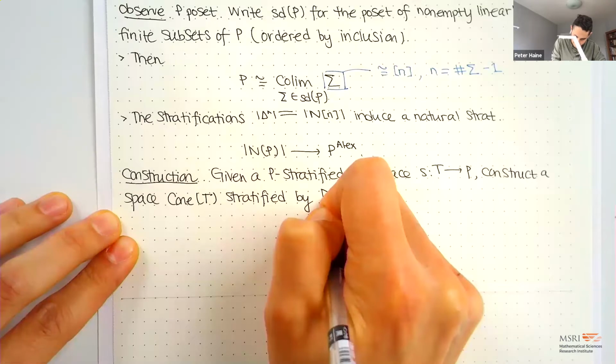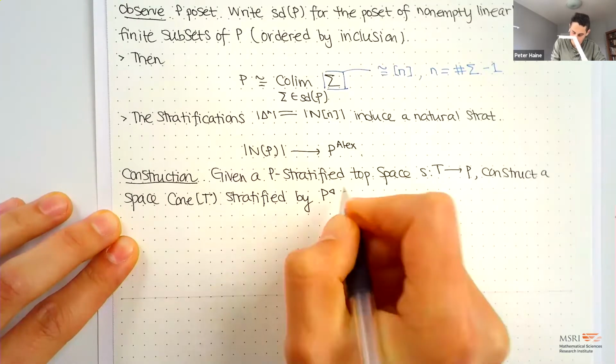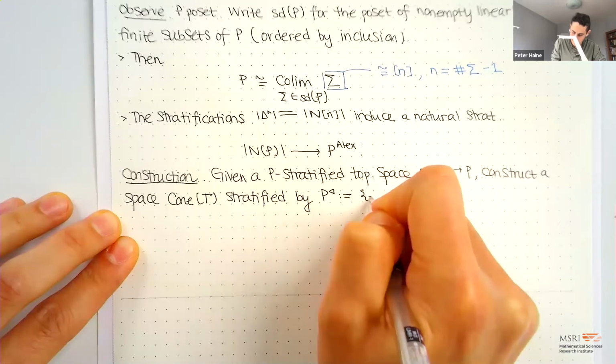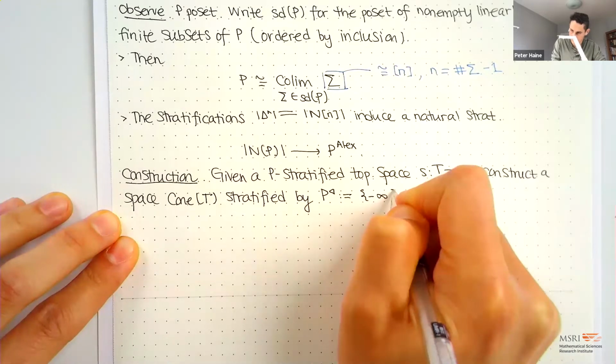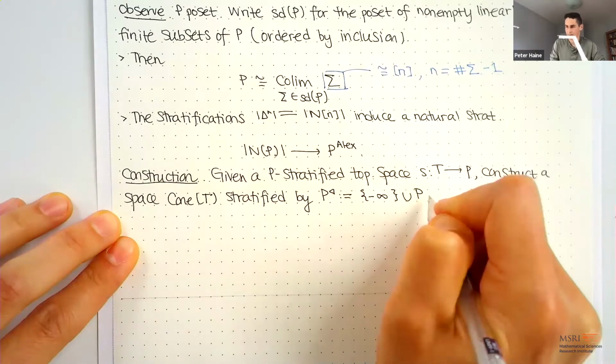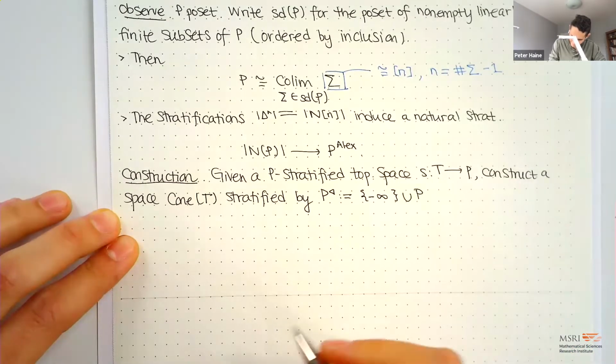I'll write it like this, P with a triangle, by which I mean it has a new minimal element, minus infinity, adjoined.